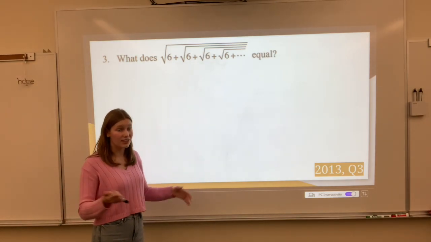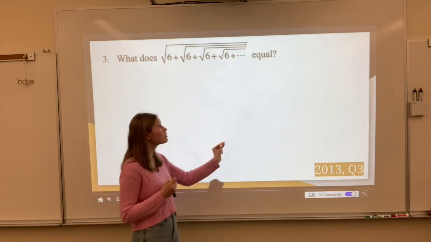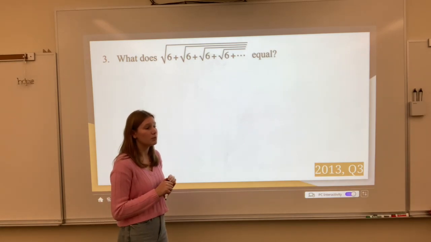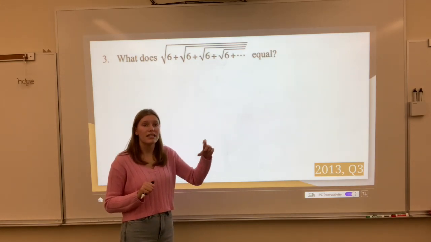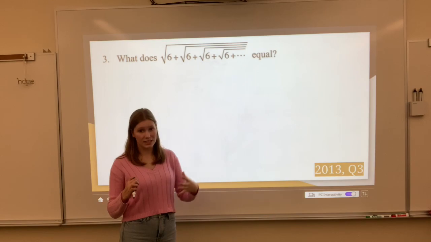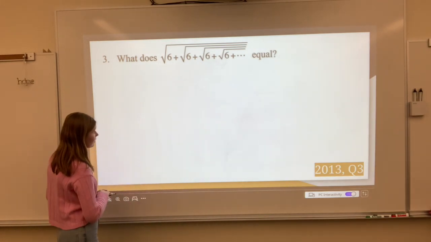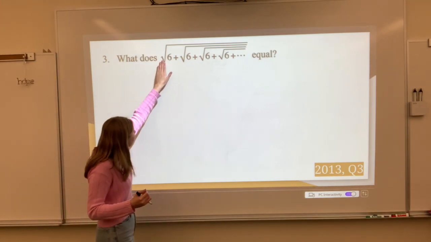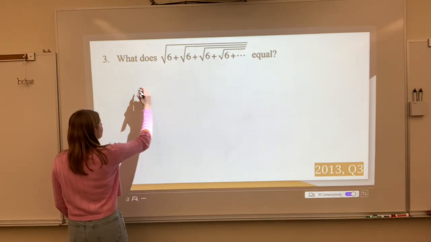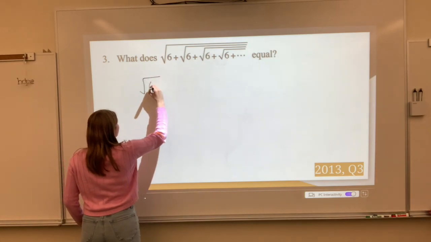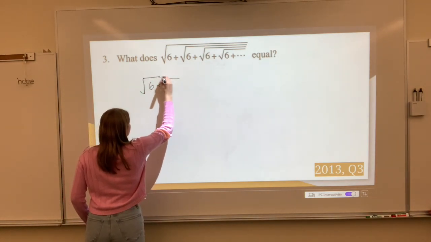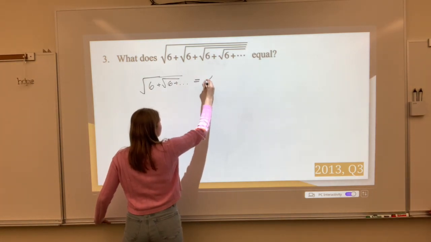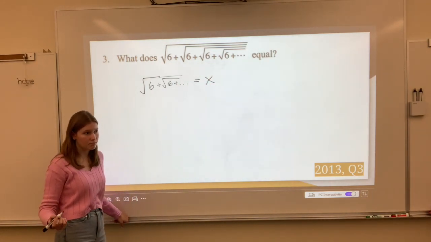Yes, there is. There is an actual sum because it gets closer and closer to 0 every single time. So eventually, you will reach a point where it's so small that it's barely moving the number up at all. So there is an actual answer. So the first thing that I'm going to do is say, okay, this value, whatever it may be, square root of 6 plus the square root of 6 plus ... is equal to x.